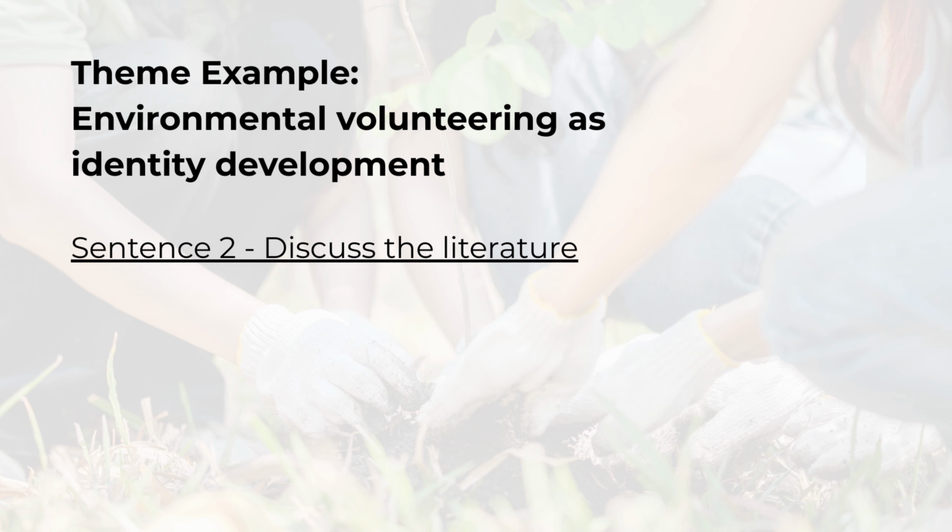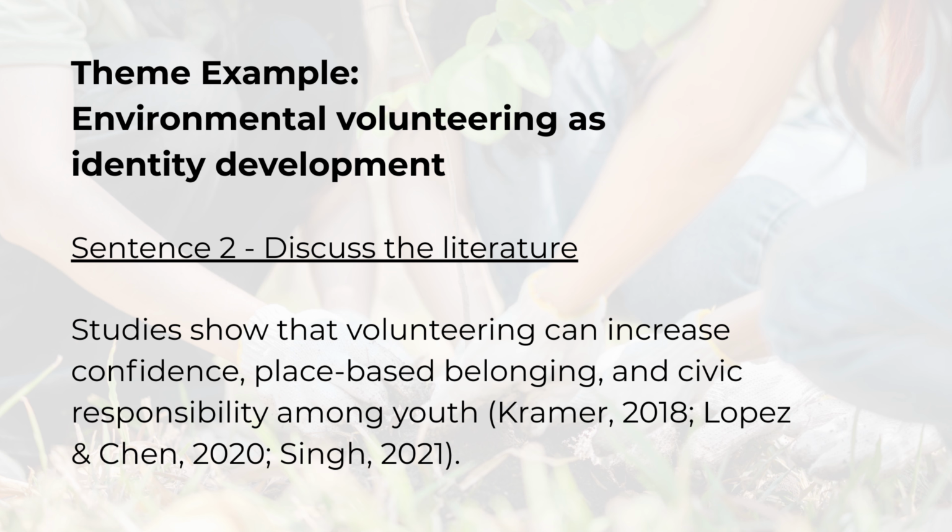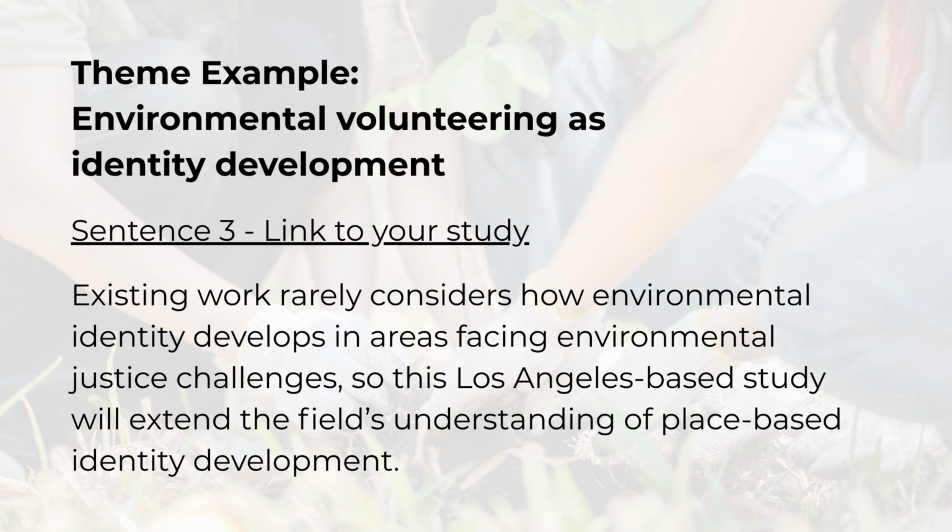Sentence number 2, when you're discussing the literature, here you're bringing together findings from different studies. Perhaps you're discussing research showing that volunteering increases young people's confidence or their connection to place and civic responsibility. In sentence number 3, we're moving on to look at what that means for your study. So here, you're connecting this to your project. By following this structure, you are building critical analysis into what you're doing.